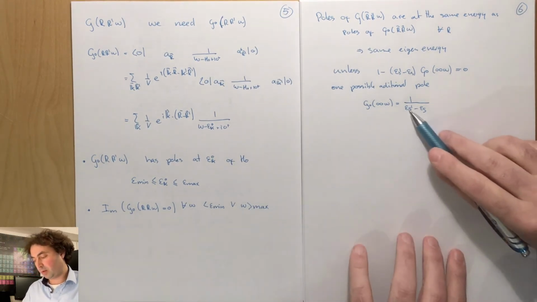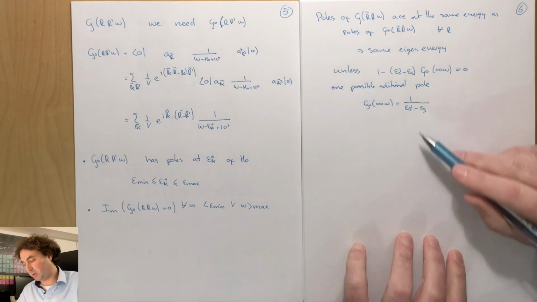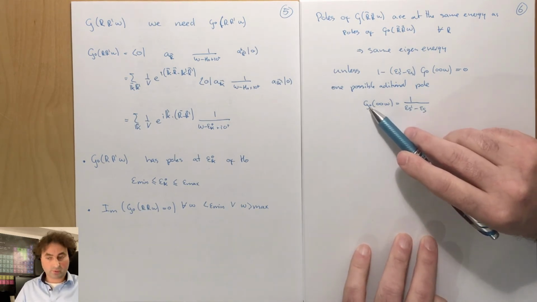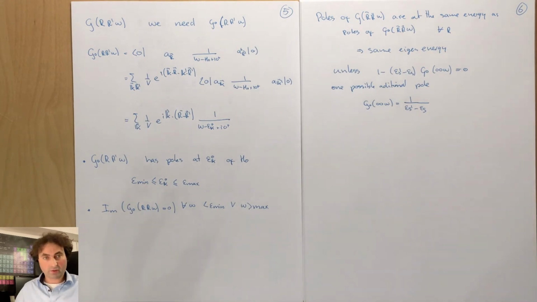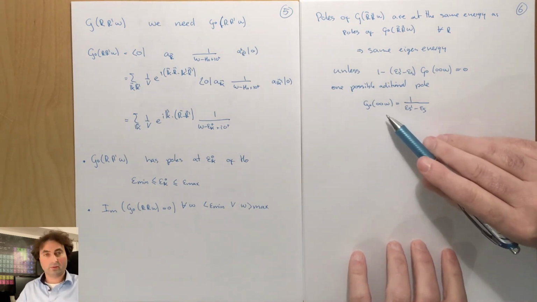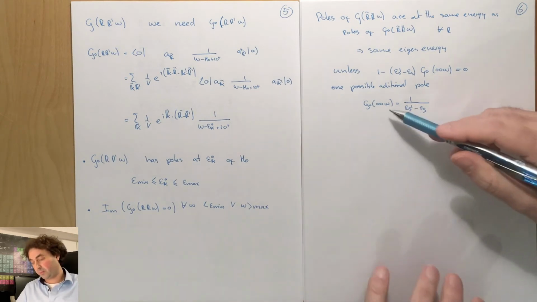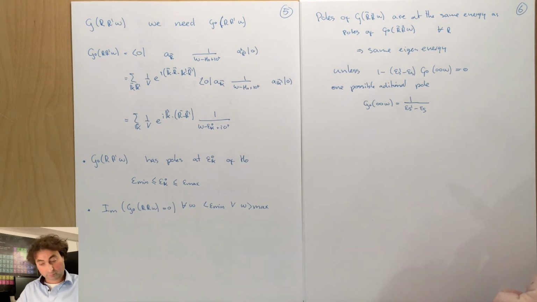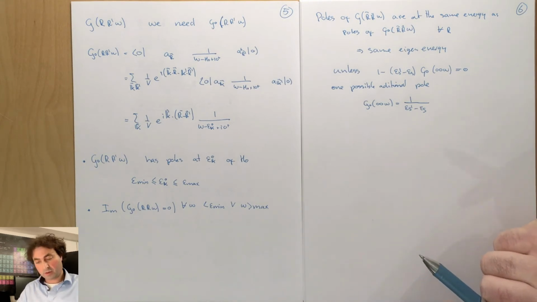When your impurity potential is very small, 1 over becomes very big. So then the requirement is that your Green's function becomes equal to a very large real number. When your impurity potential is very large, the requirement is that your Green's function is equal to a smaller real number. But it always has to be a real number.